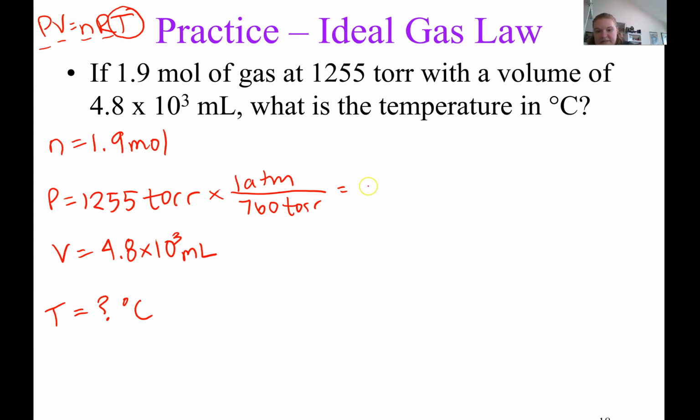So I get 1.651315 atmosphere. And we want to go from milliliters to liters. 1 milliliter is 10 to the negative third liters.